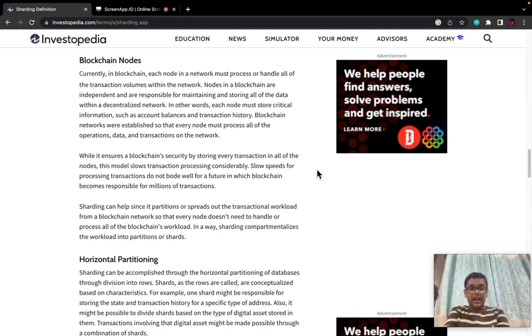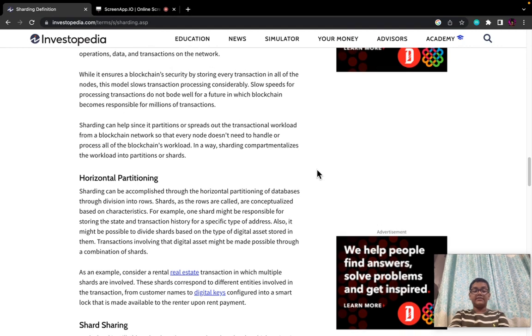Nodes in a blockchain are independent and are responsible for maintaining and storing all of the data within a decentralized network. In other words, each node must store critical information such as account balances and transaction history. Blockchain networks were established so that every node must process all of the operations, data and transactions on the network.